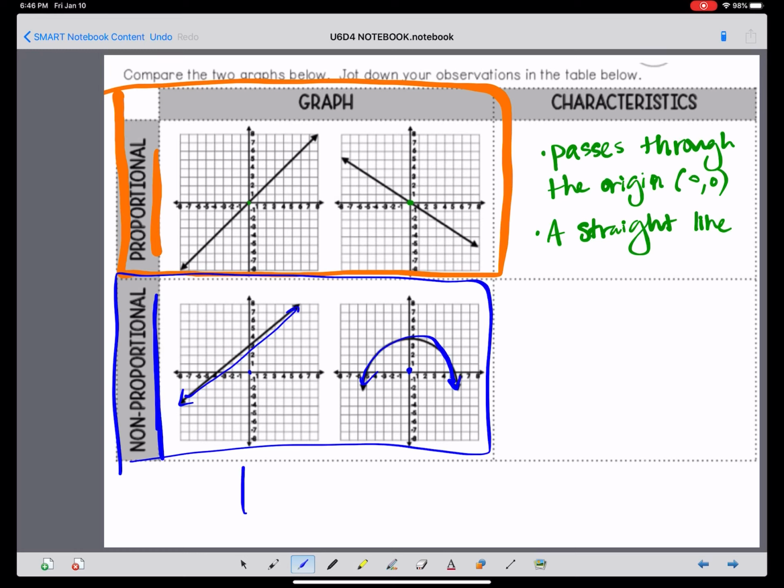So how come this graph, the very first one listed, is non-proportional? Well, it's because your graph has to go through 0 and it has to be linear. So let's write down here that, first of all, there is not a straight line. And the second thing we're going to write down is that our graphs do not pass through the origin 0, 0.